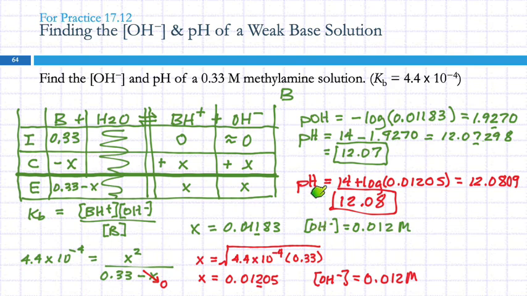So the other answers would be things like 1.93, because you calculated pOH, you forgot to continue and get the pH, right? Or other common mistakes. But if the answer is 12.08 and you come up with 12.07, you should have enough understanding of significant figures to realize that those are essentially the same number. So you pick 12.08. Any questions?